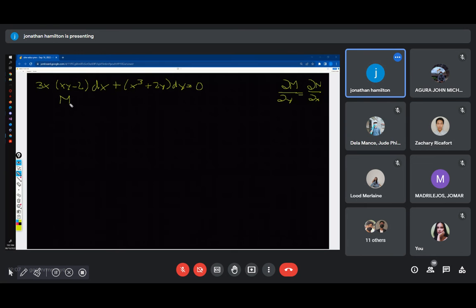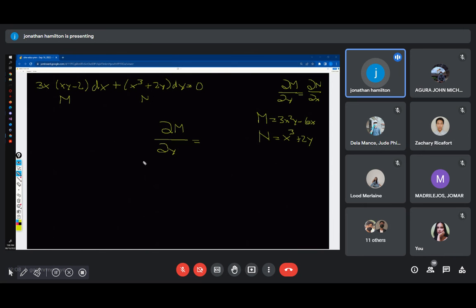We know that this is M, and this is N. M is 3x²y minus 6x, and N is x³ plus 2y.